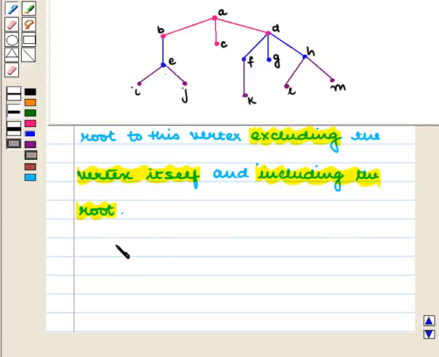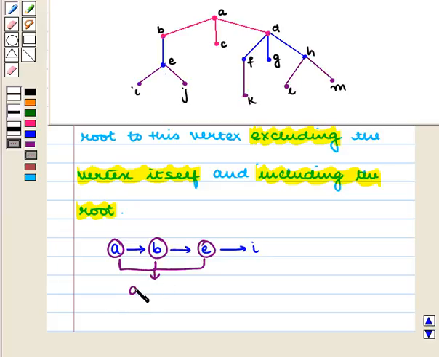See here, in the path A, B, E, I, A, B, E are ancestors of I.